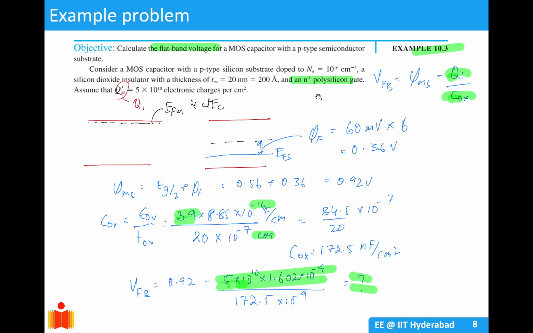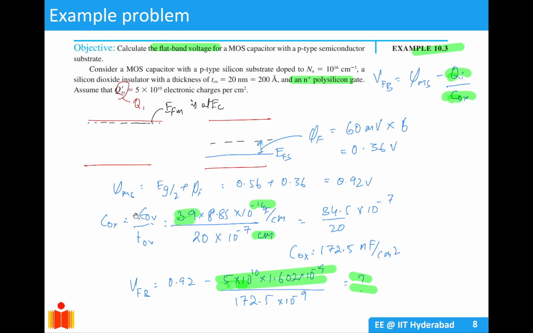You can just subtract the electron affinity here from the one there, and all you will be left with is Eg by 2. So phi ms will be Eg by 2 plus phi f, which is 0.56 plus 0.36, which will be 0.92 volts. Then you can calculate your oxide capacitance by epsilon ox by Tox.